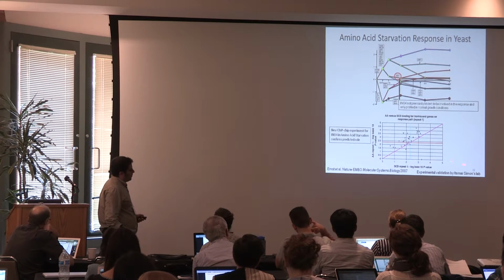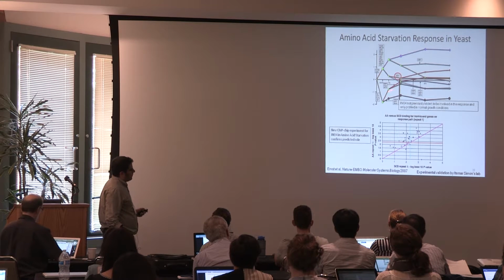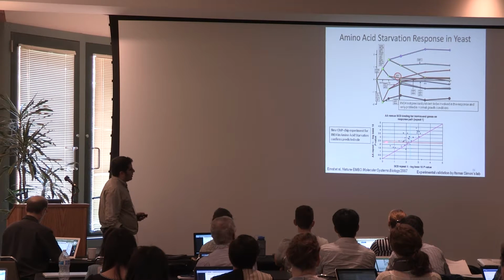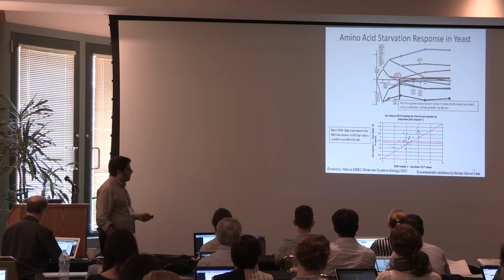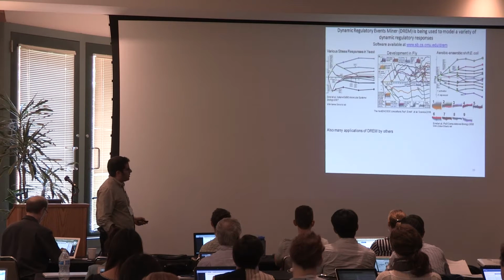And what this is showing you is that there's more intense binding in amino acid starvation response for genes on this specific path that was predicted to be controlled by INO4 than in standard growth conditions. So this provided experimental validation of a computational prediction made by the method.